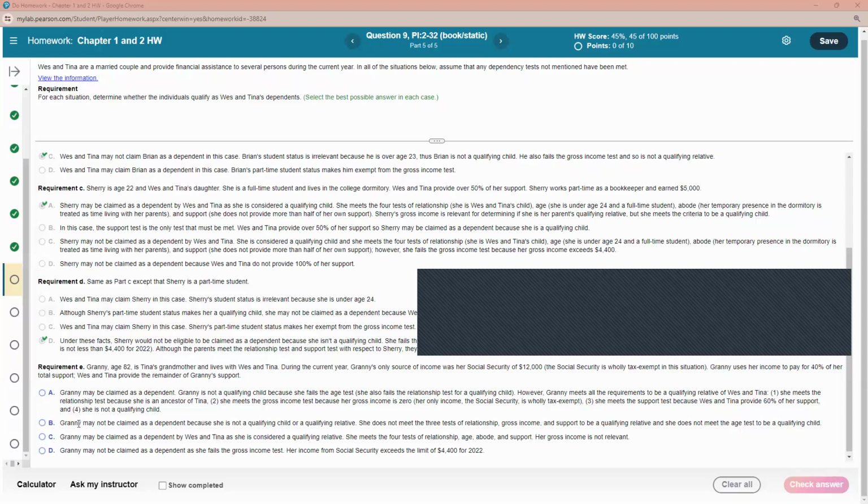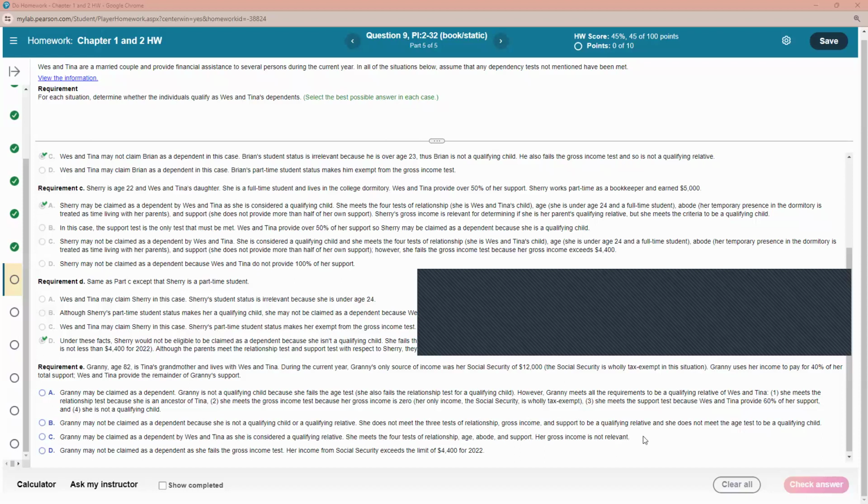B says Granny may not be claimed as a dependent because she is not a qualifying child or qualifying relative. She does not meet the three tests of relationship, gross income, and support. This is incorrect. C, Granny may be claimed by Wes and Tina as she's considered a qualifying relative. She meets the four tests of relationship, age, abode, and support. Her gross income is not relevant. That is not true.